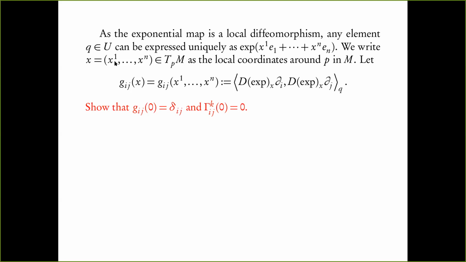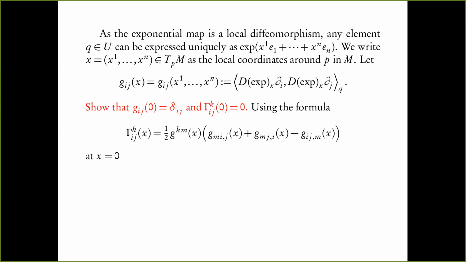Remember 0 here corresponds to 0, 0, 0, but that corresponds to exponential 0, which is the point P. So when I write 0 here, I'm working in TPM. When I'm writing exponential of certain things, this is happening in the image of the exponential map, which is in M. So this is a simple exercise. Show that with the normal coordinates, at the point 0, the matrix is identity, and the Christoffel symbols are also 0, but this is only at the point 0. Okay.